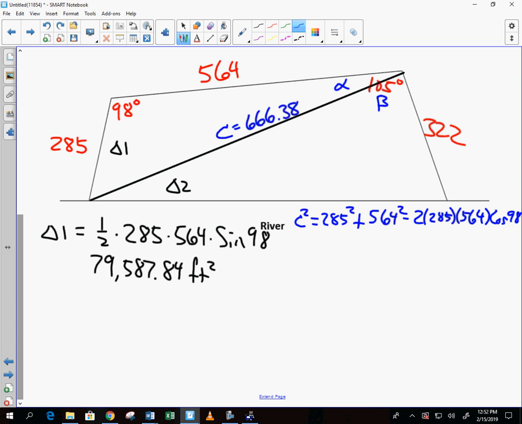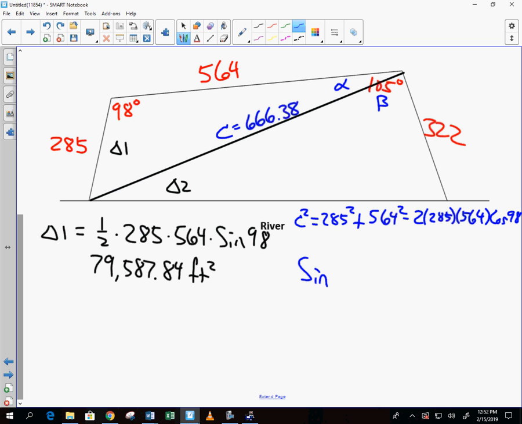So now I need beta. How would I go about finding beta? I first need to find alpha. How would I go about finding alpha? Law of sines. Sine of 98 over 666.38 equals the sine of alpha over 285.